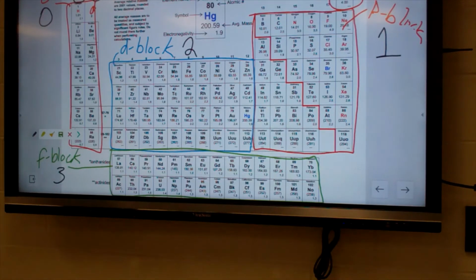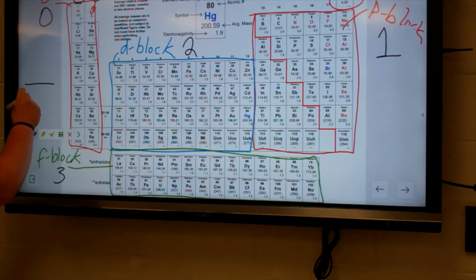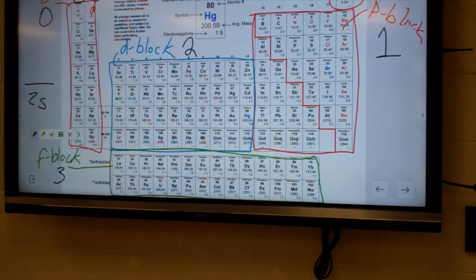Which brings me to the last quantum number. The spin quantum number. Remember how we dealt with Hund's rule. First comes the positive spin, which is the up arrow. Then comes the negative spin. So let's say I have the 2s subshell.